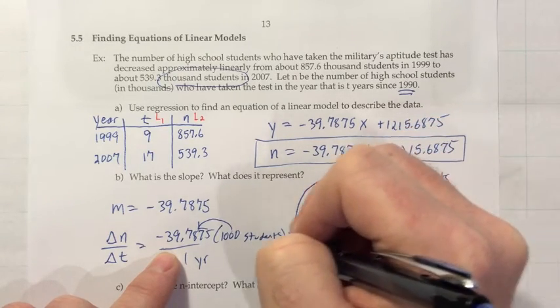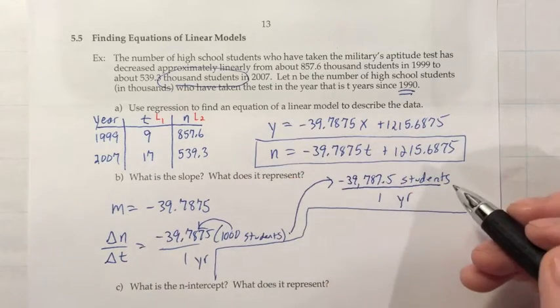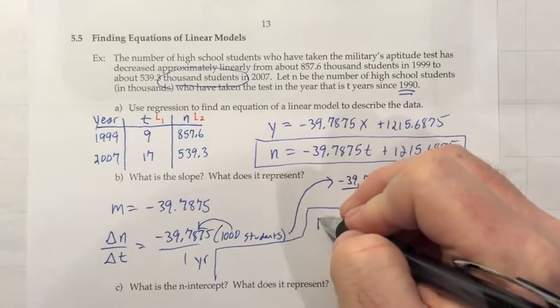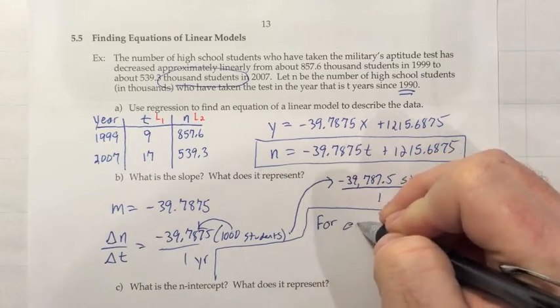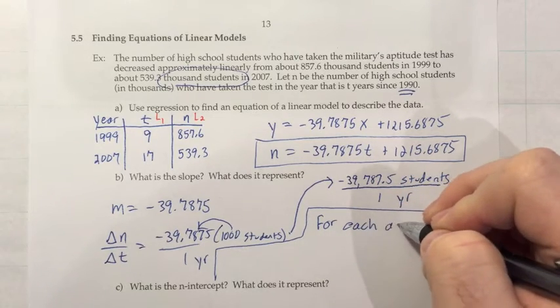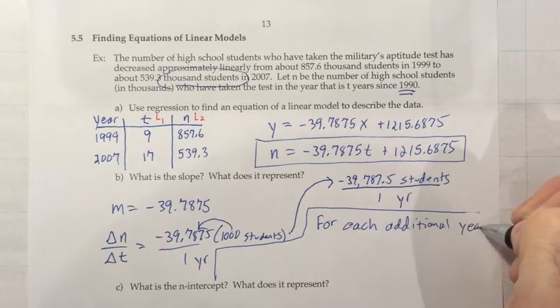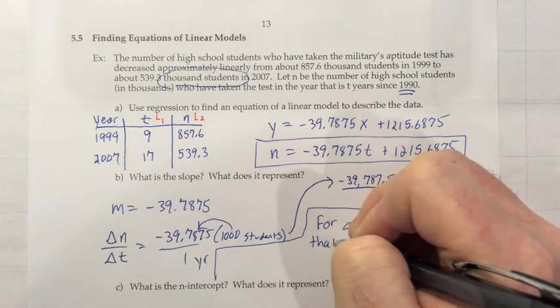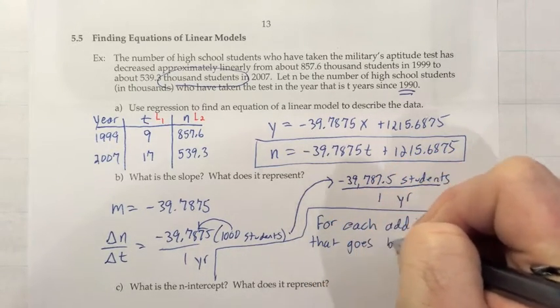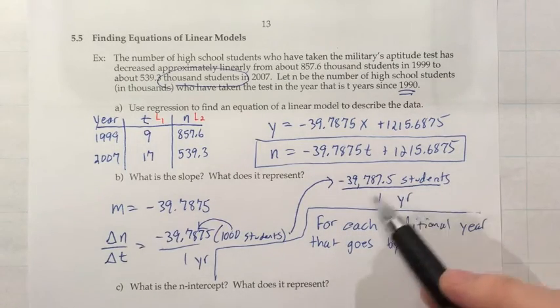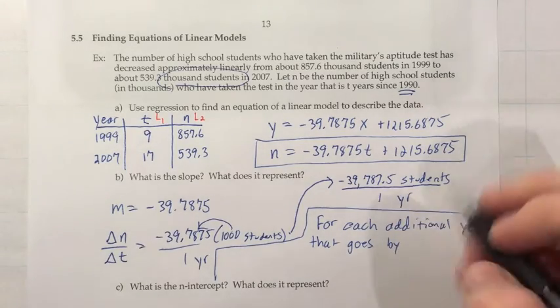And then I just want to put that into words. So everything so far has been scratch work. So now let's write our sentence. Starting from the bottom up, so for each additional year that goes by, so I'm just translating the denominator there, for each additional year that goes by.